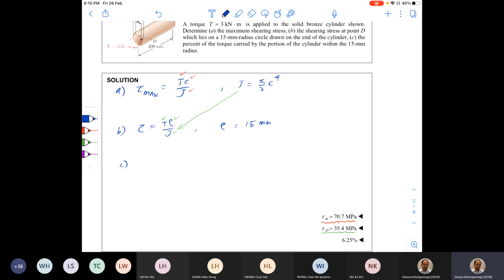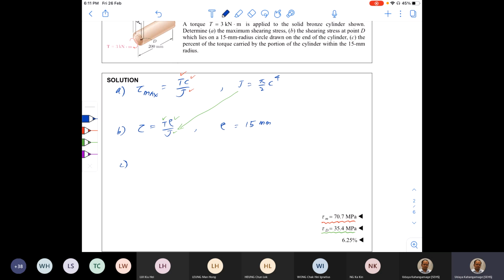So again, we'll first find out the torque resisted by the inner core. Now I'm finding the inside torque, or internal torque. What you need to do is take the shear stress, and forget about the outer core.